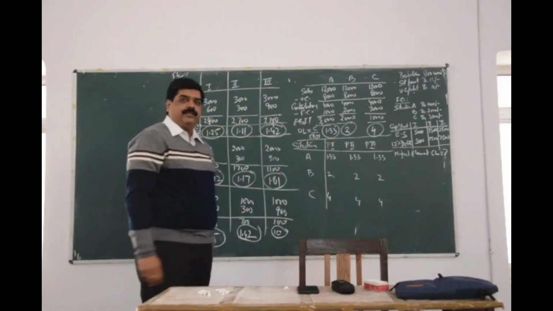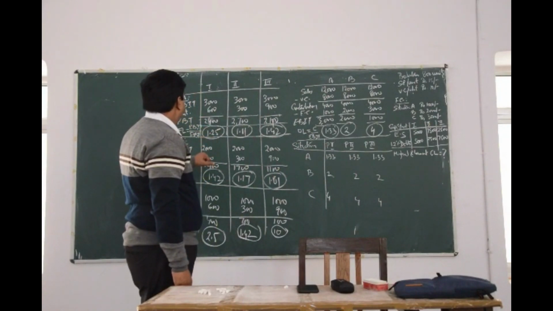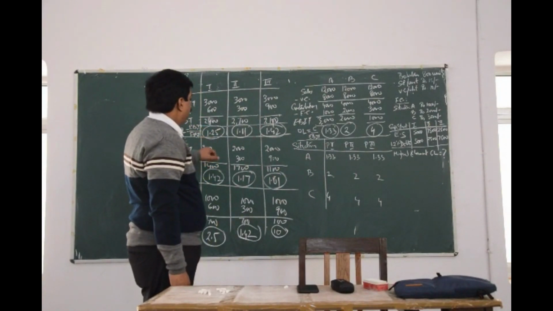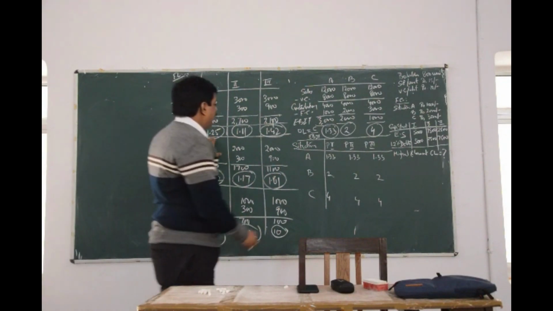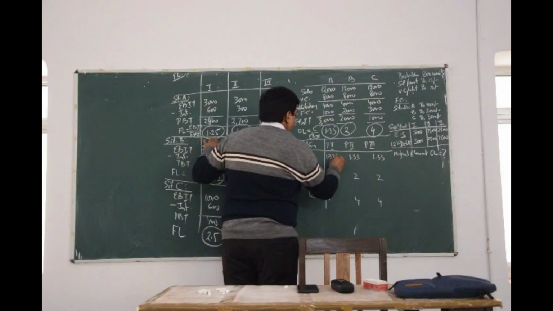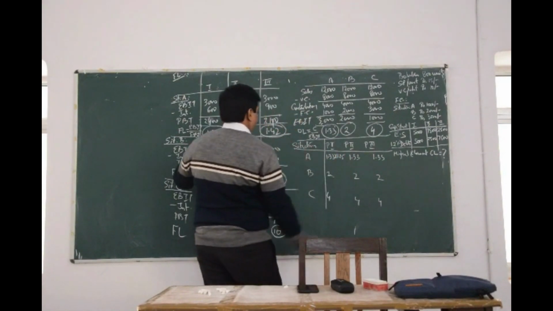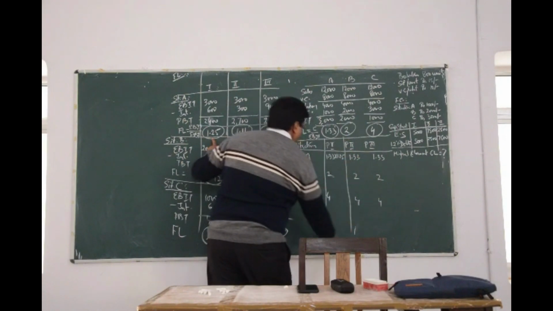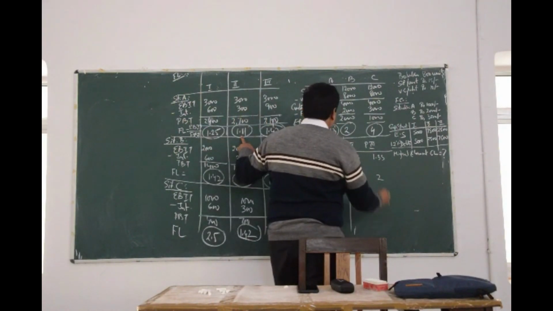Now financial leverage for plan 1. Financial leverage for situation A, it is plan 1 multiplied by 1.25. It is 1.11 in plan 2.